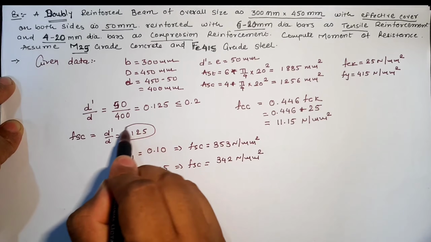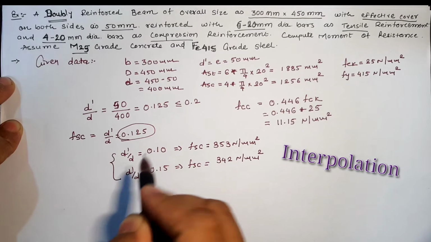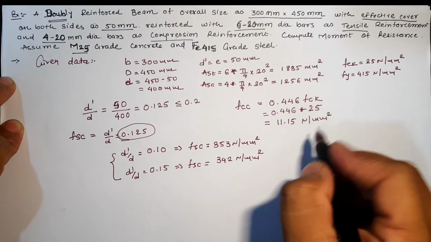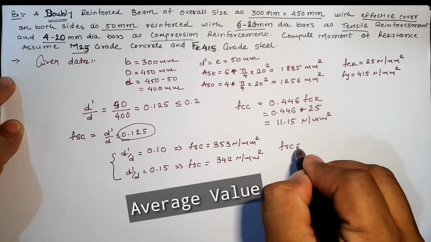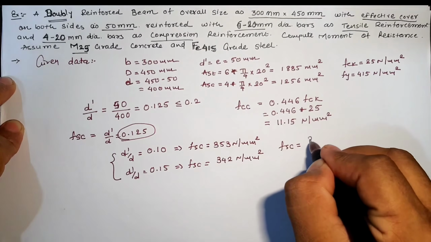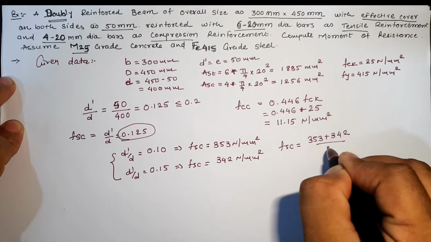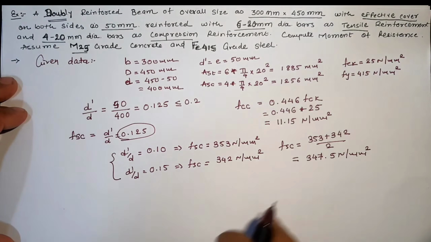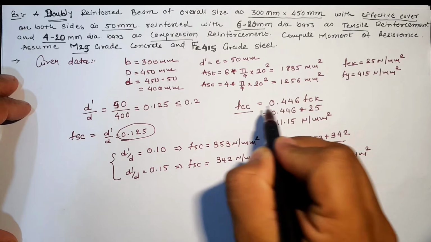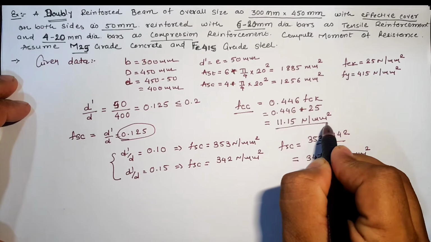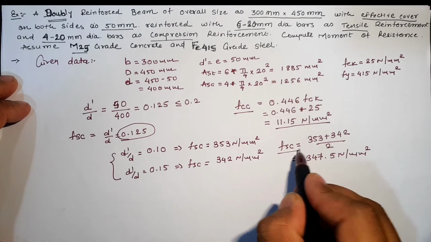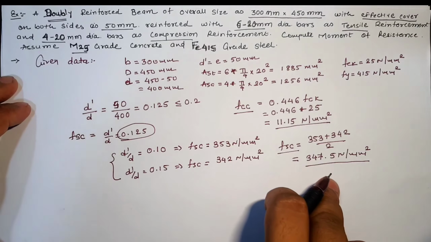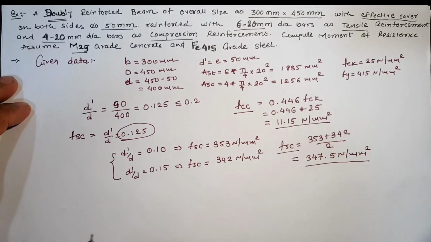Hence, for 0.125 we go for interpolation, and 0.125 is exactly the midpoint of 0.10 and 0.15. It means that we can calculate the fsc value as the average of these two. So our fcc, the compressive stress in concrete, is 11.15 Newton per mm square, and the compressive stress for steel reinforcement is 347.5 Newton per mm square, which can be used in the calculation of moment of resistance.